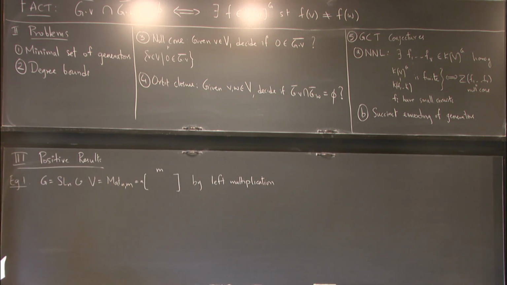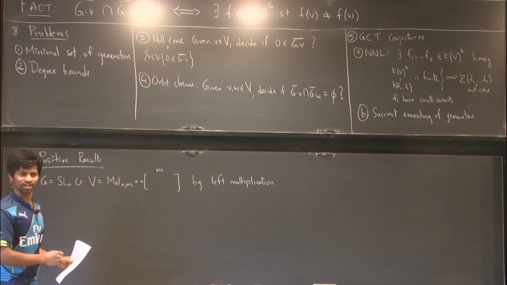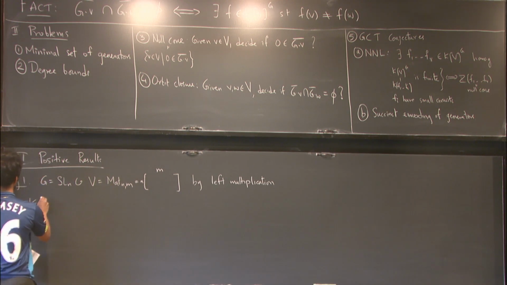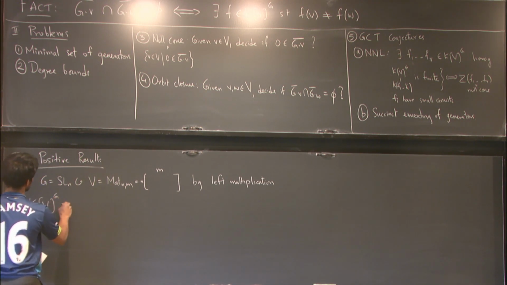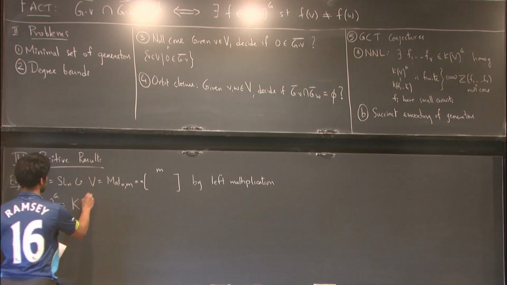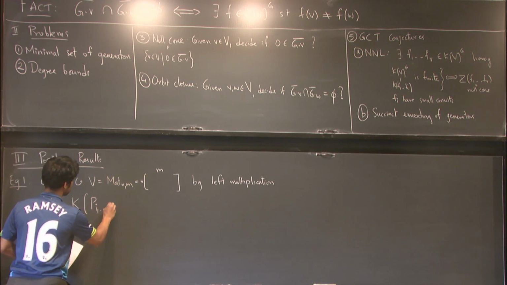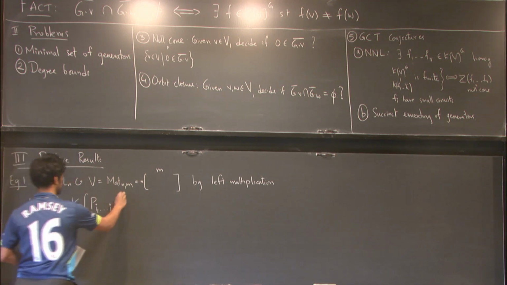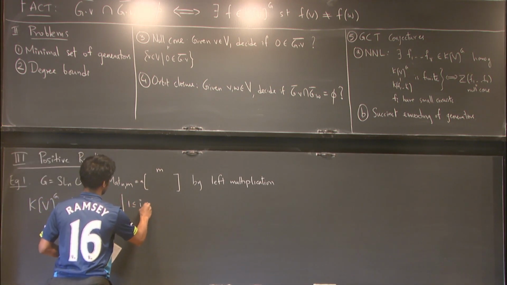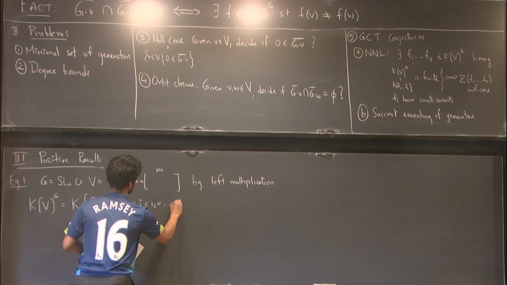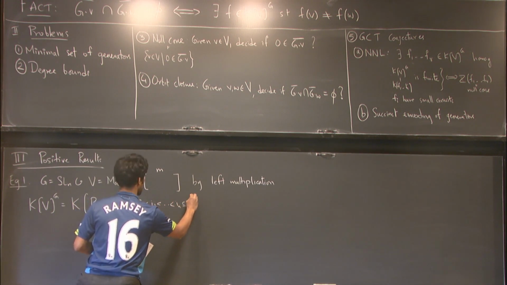Does anybody know what the invariants are in this case? Yes, they're minors. Maximal minors, to be precise. So the ring of invariants is generated by these. I'm going to give them a symbol, [i_1 ... i_n], with 1 ≤ i_1 < i_2 < ... < i_n ≤ m.